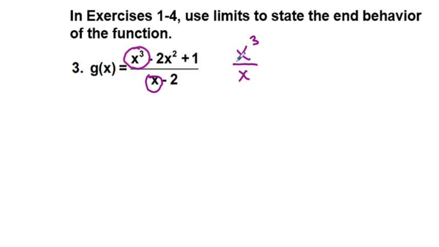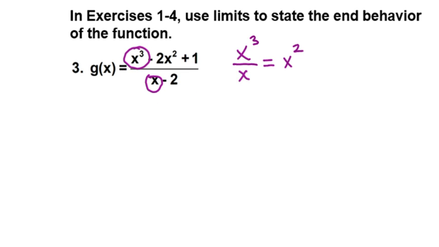So to determine our effective leading term, we take the leading term of the numerator over the leading term of the denominator, and we get x squared.